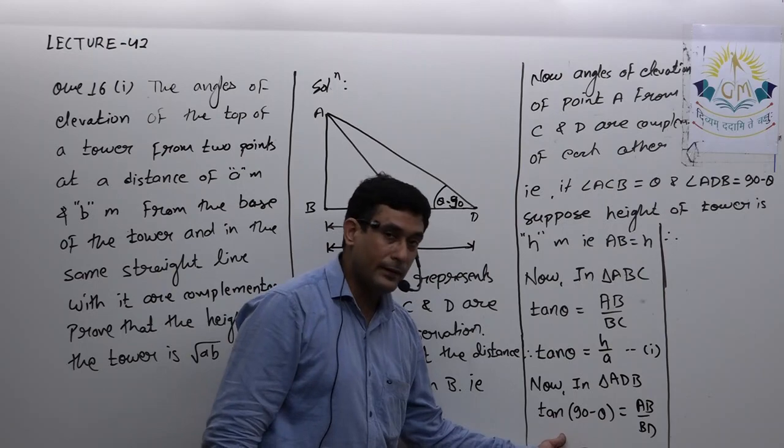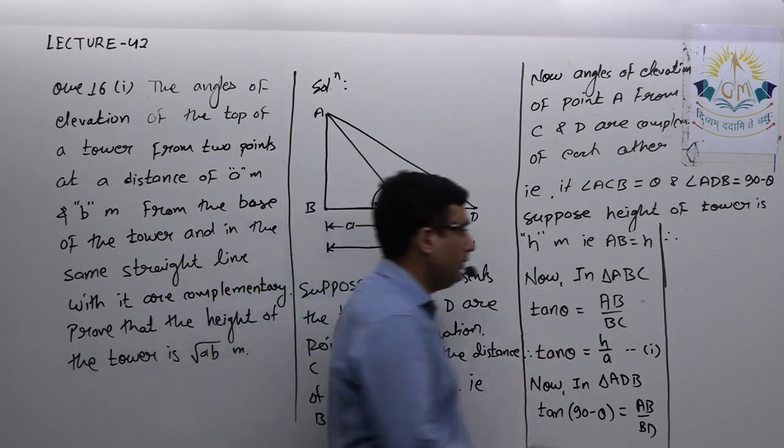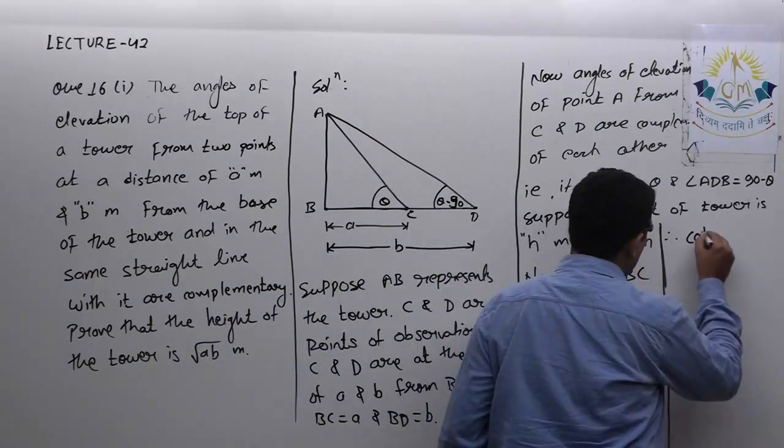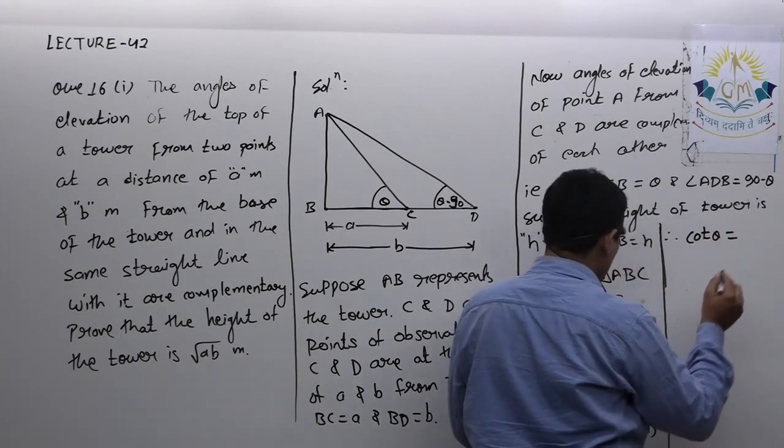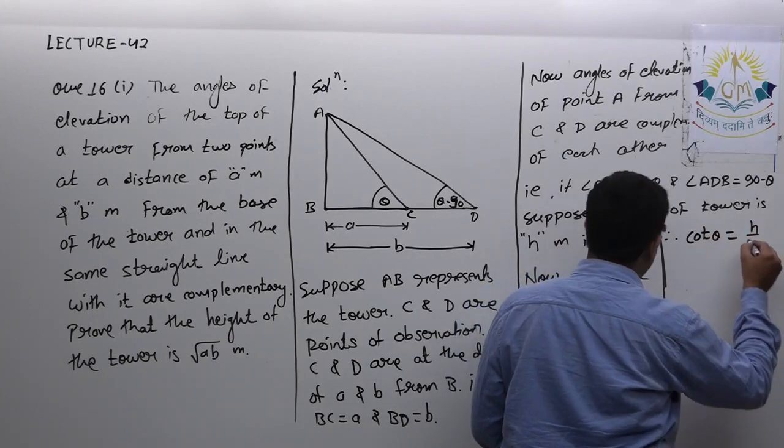So tan 90 minus theta can be written as cot theta. So here I write, therefore cot theta is equal to h upon b.